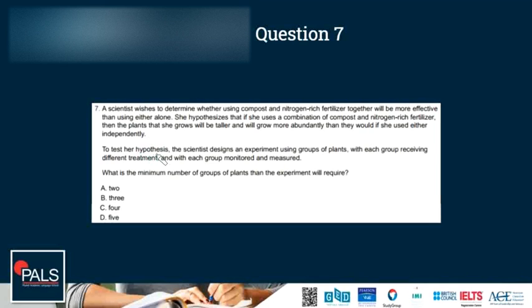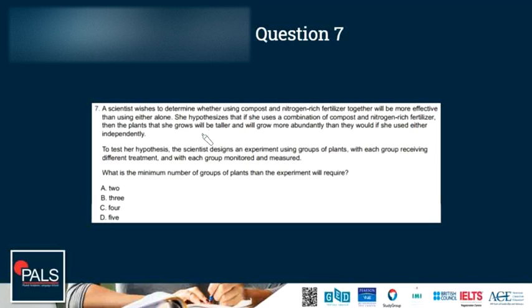To test her hypothesis, the scientist designs an experiment using groups of plants, with each group receiving different treatment, and with each group monitored and measured. What is the minimum number of groups of plants that the experiment will require? So let's take a minute to think about that.